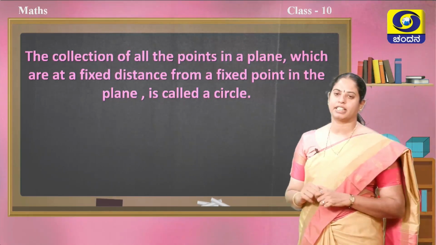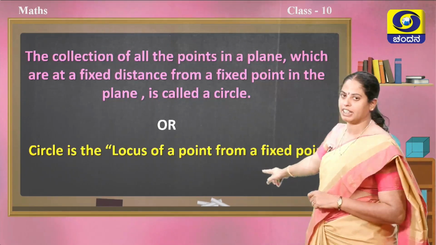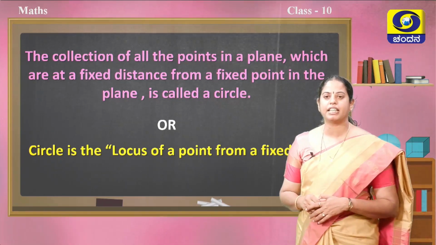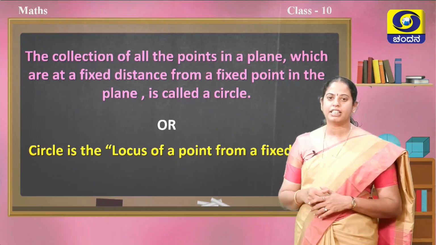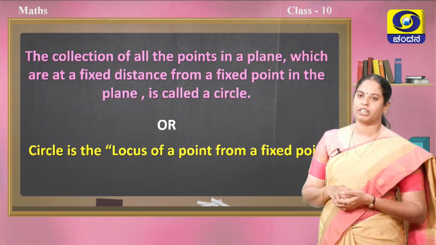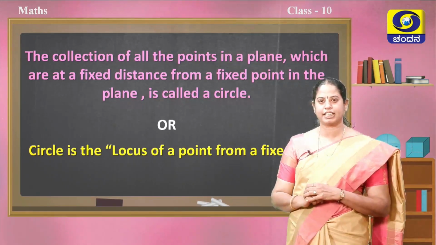Or we can also say, a circle is the locus of a point moving at a fixed distance from a fixed point. This you have learnt in the previous standard, but we are just recalling it. It is the path traced by a moving point from a fixed point. Now you are clear with the definition of the circle.